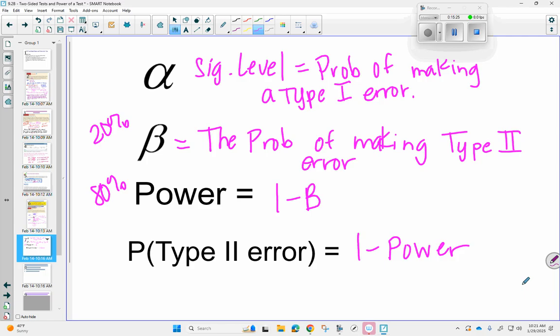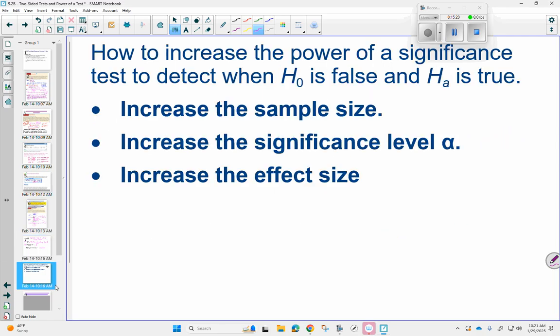I would also write this down. There are 3 ways to increase the power. You want to increase the power, right? I want to reject the null if the alternate is true. Like in the potato problem, if it's really 11%, I don't want to make bad potatoes. I want to reject the truckload. One way to be more accurate would be to increase the sample size, so you could increase n.